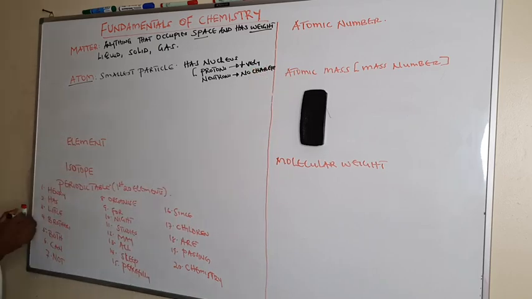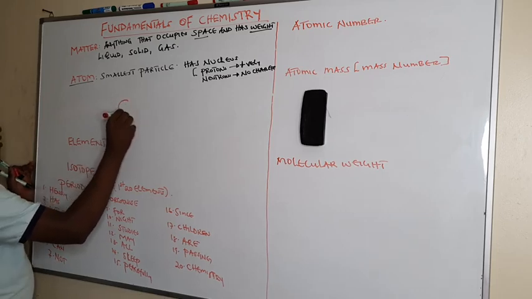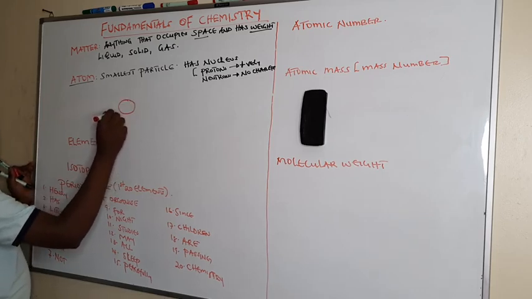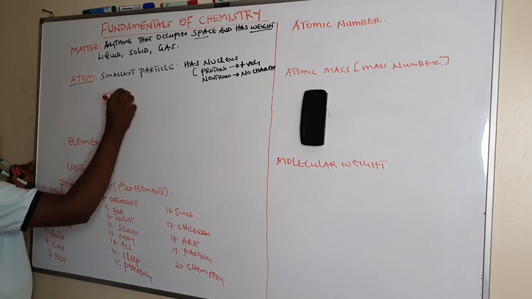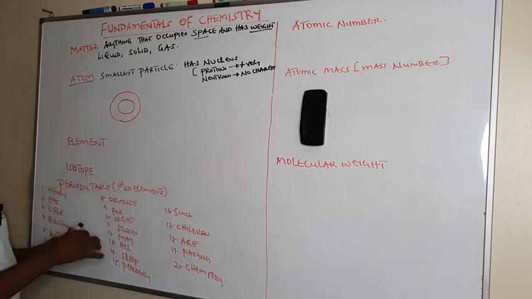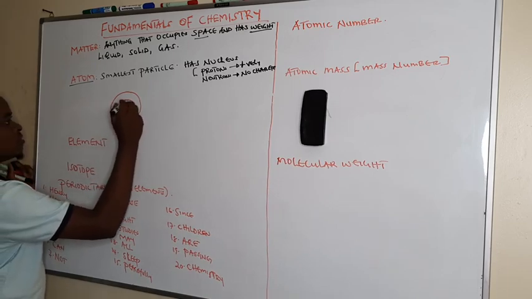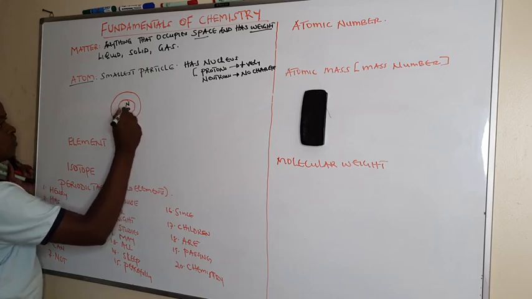So if I can draw a simple structure of an atom, this is the nucleus of this atom, then it has the energy levels. Within the nucleus of an atom, we have what we call neutrons and protons.